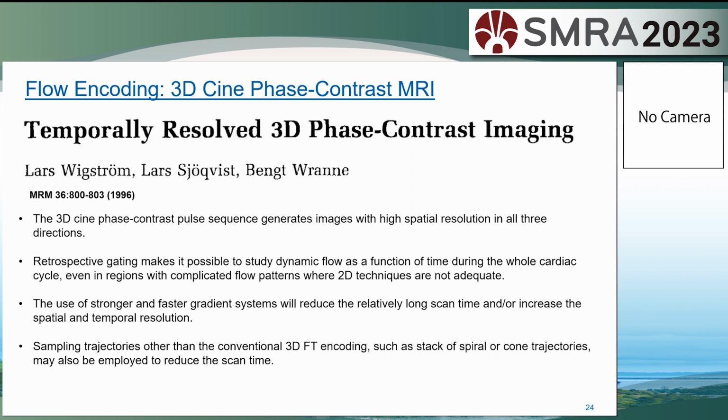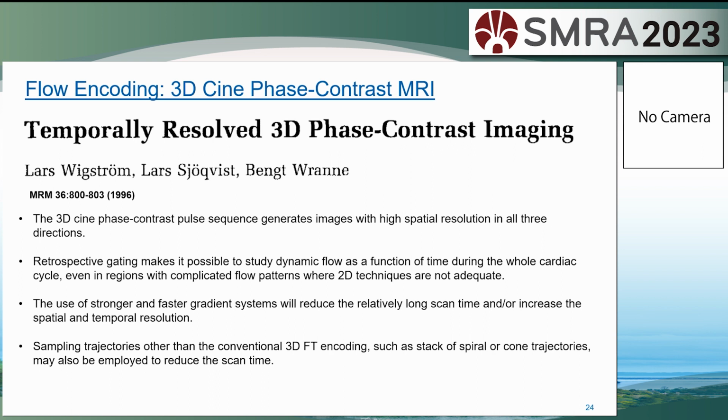However, he already back then said, well, if we had faster gradient systems, we could reduce our scan time or could increase our spatial resolution, or if we use actually other than conventional sampling and trajectories, for example, stack of stars, we could also potentially be much faster in acquiring our scans. So all of these pioneers really early on had visions of how we actually do things nowadays.